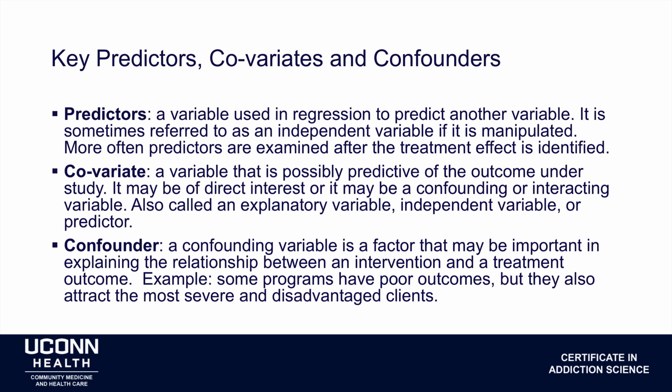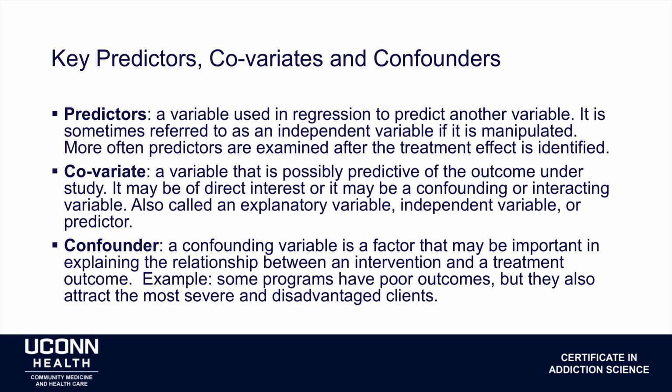Another type of variable that we want to measure is called covariates. Covariates are variables that are possibly predictive of the outcome under study. It could be of direct interest, or maybe that we just need to protect ourselves against what is called confounding, or an interacting variable.